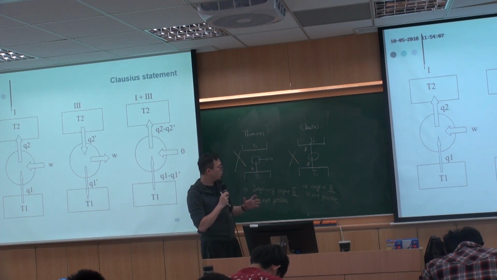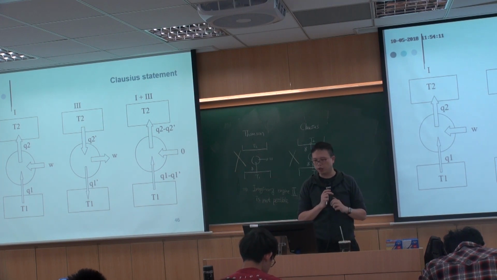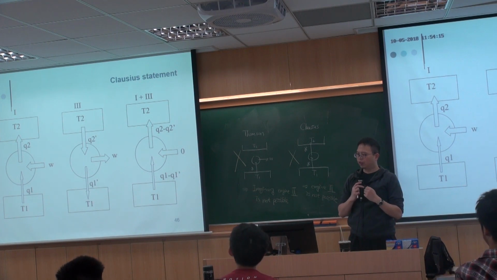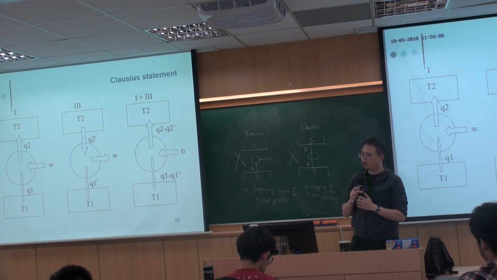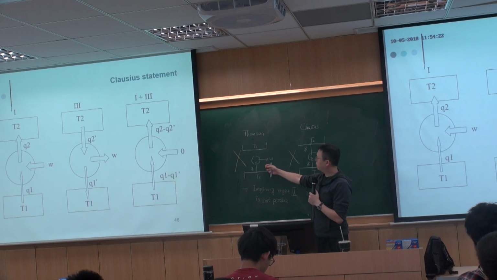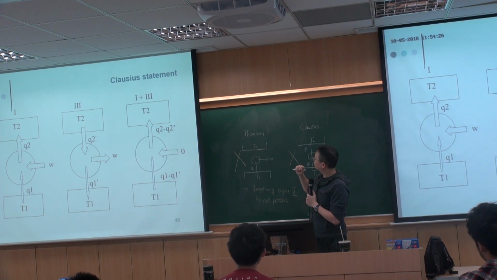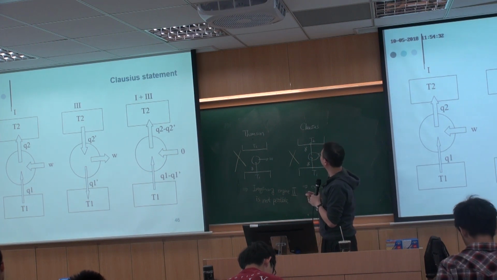So again, we show that trying to have a heat engine with an efficiency that surpasses that of the Carnot cycle or Carnot engine will violate the statement proposed by Thomson and Clausius.